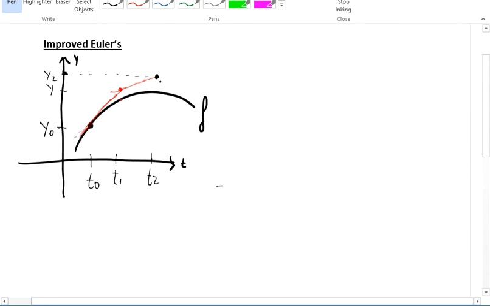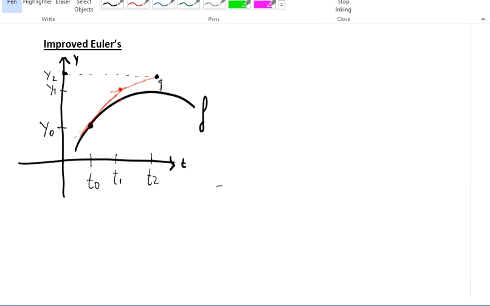As you see, we're kind of moving away from the curve. There's an error between where we are and what it should be. So improved Euler's does one extra step here. It says, okay, I have these two points here, y1 and y2. What I'm going to do is take the average of these two slopes.